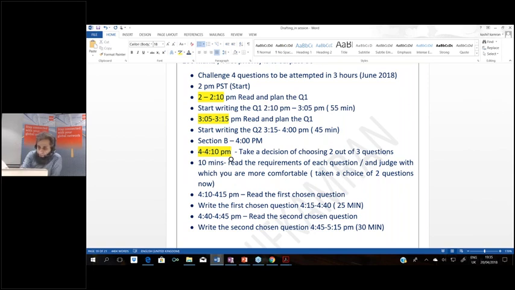Then another 5 minutes, 35 minutes. Then another 5 minutes, 40 minutes. I put 40 minutes on reading and planning, and still I'm getting good time on writing.